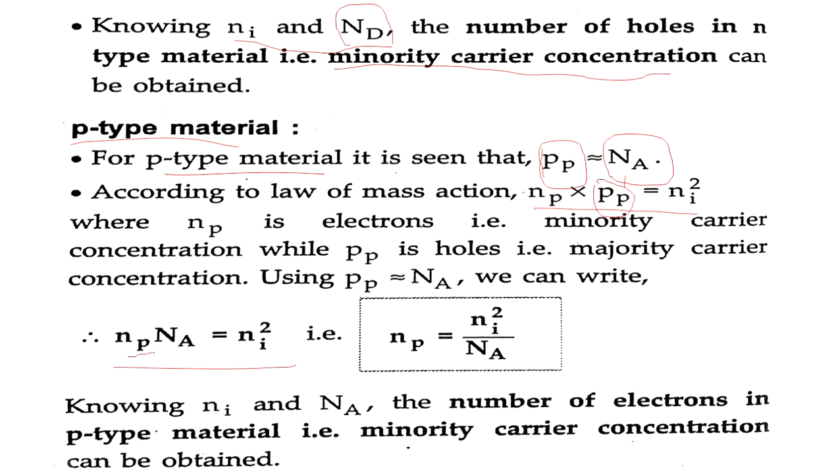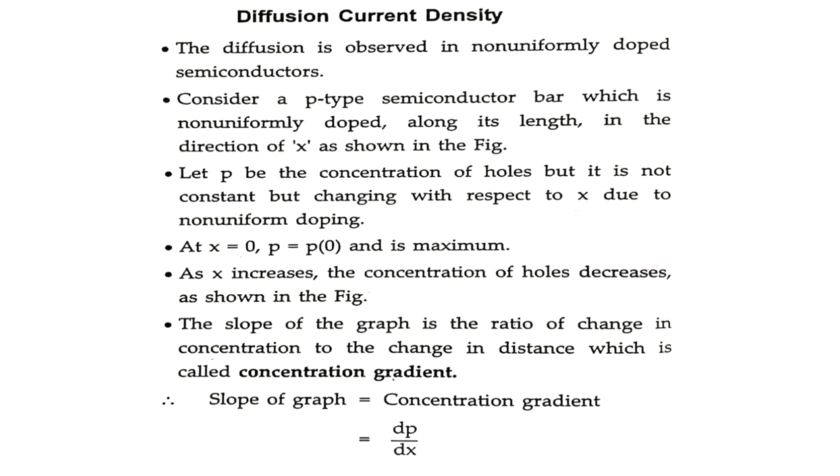From that, you can derive the concentration of the minority carriers, that is electrons in p-type, n_p, which is equal to n_i squared by N_a. Again, by knowing the intrinsic concentration and the acceptor atom concentration, you can find the concentration of minority carriers in the p-type.